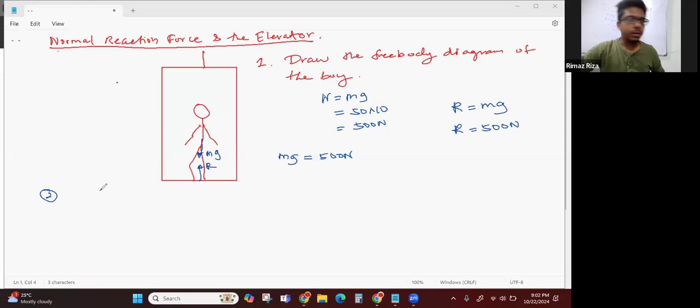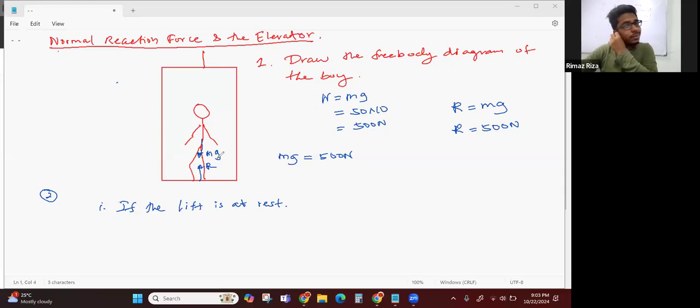The first one, Roman number 1: if the lift is at rest.